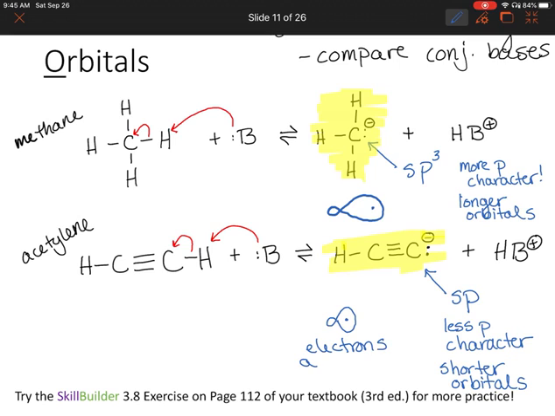So electrons are closer to the nucleus in an sp orbital. And do electrons like protons? Yes. So that means electrons like to be close to the nucleus where the protons are. So that's actually going to stabilize the electrons and therefore the molecule.